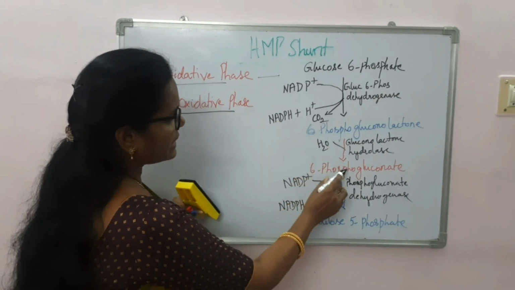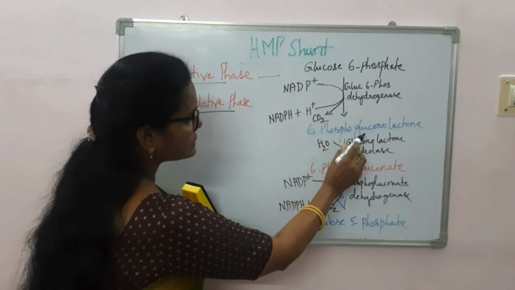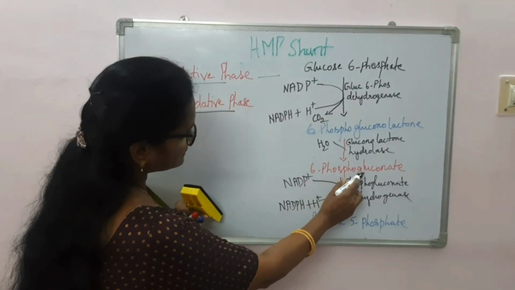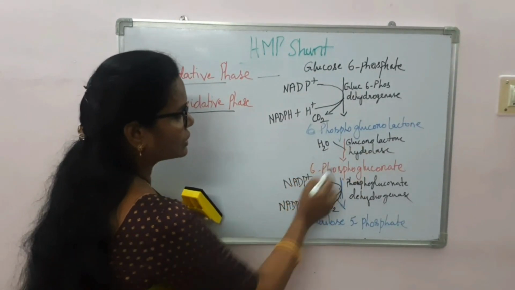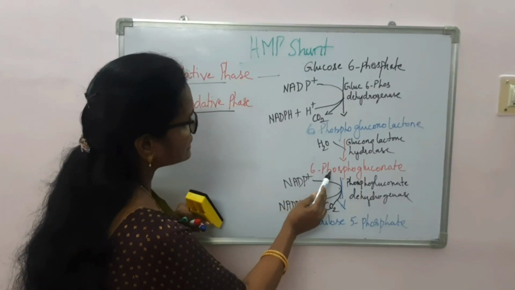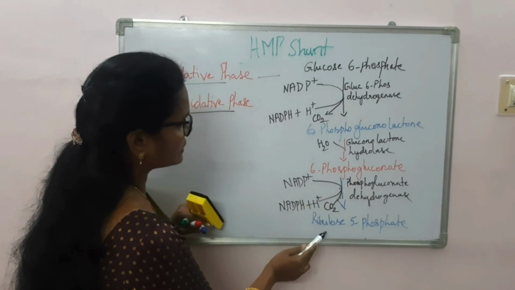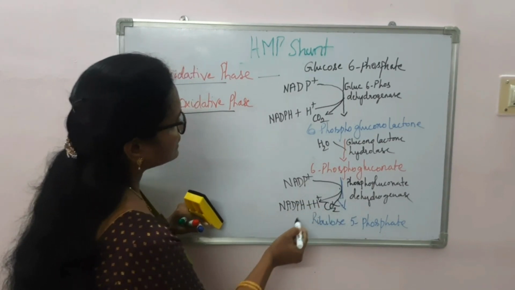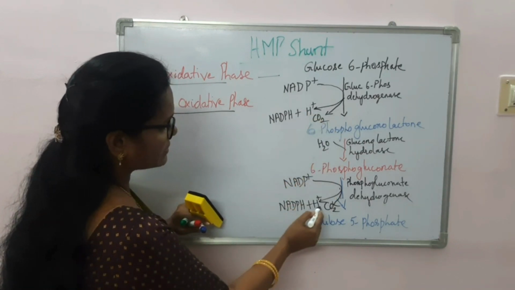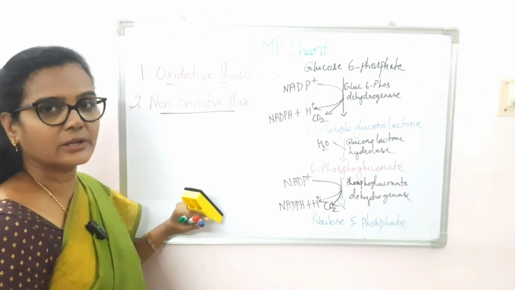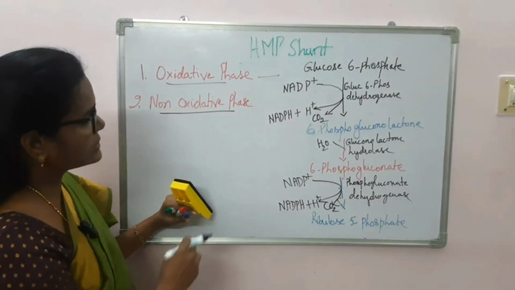And then second reaction is 6-phosphoglucanolactone is converted to 6-phosphogluconate with the help of glucanolactone hydrolase enzyme. And the next reaction is 6-phosphogluconate undergoes oxidative decarboxylation with the generation of NADPH. It forms ribulose 5-phosphate. This is oxidative phase of HMP Shunt.